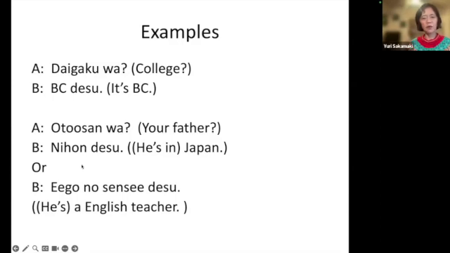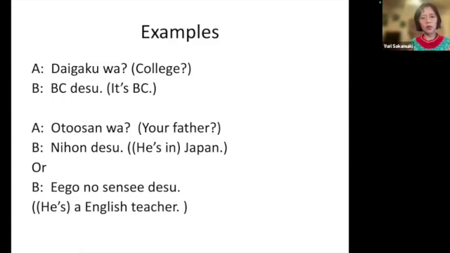Okay. For example, another one. お父さんは? So your father. So this O is again the polite O. So your father. Maybe, and in this, I don't know the context. Maybe I'm asking your dad's profession or where he's from or where he is now. So there could be a number of responses.